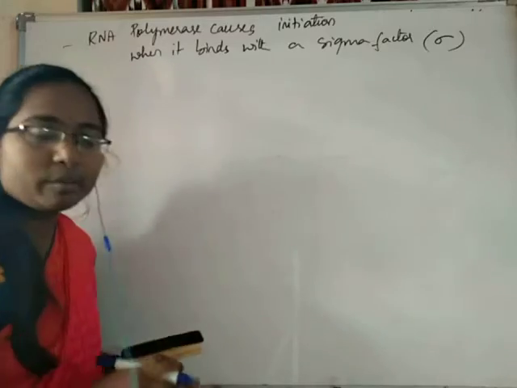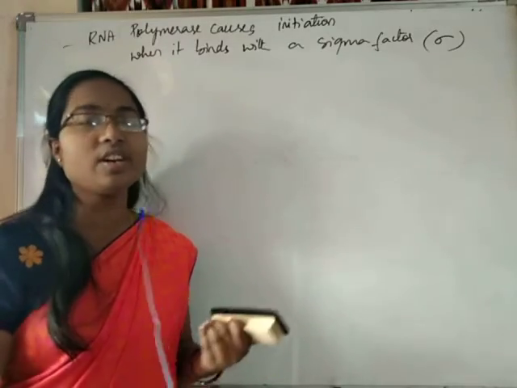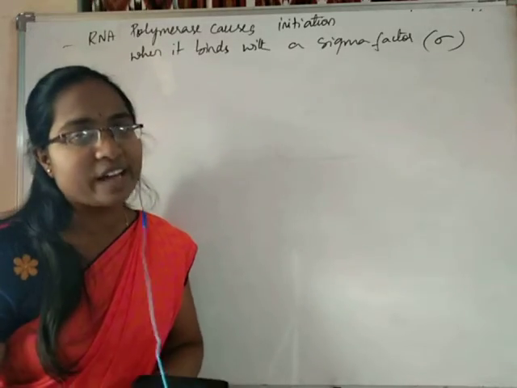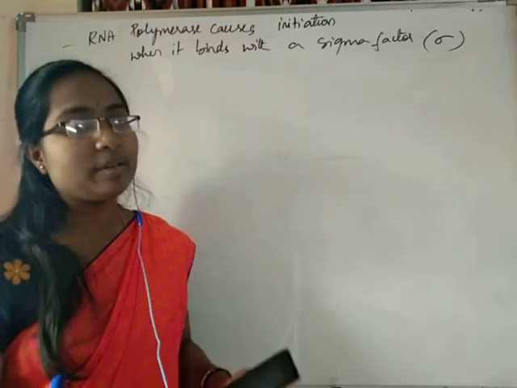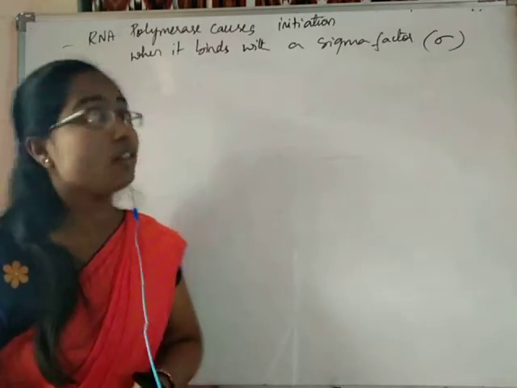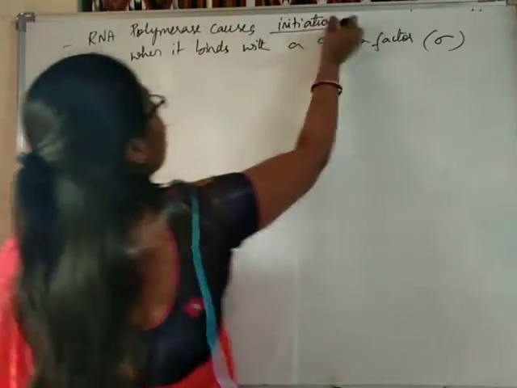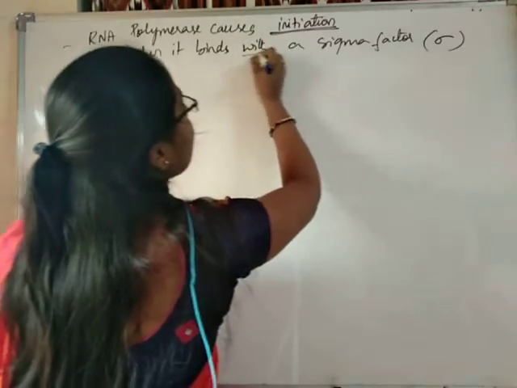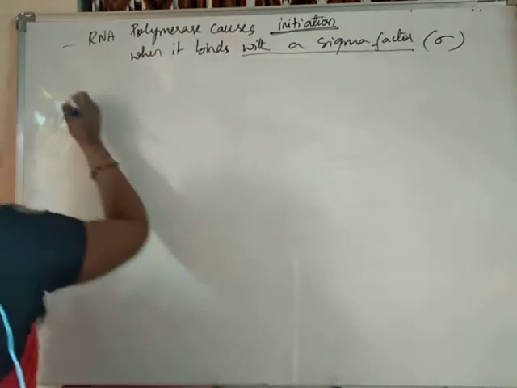RNA polymerase is causing transcription initiation when it is binding with the sigma factor. When RNA polymerase is associating with the sigma factor, it is causing initiation. In this way it is able to cause initiation by associating with the sigma factor.